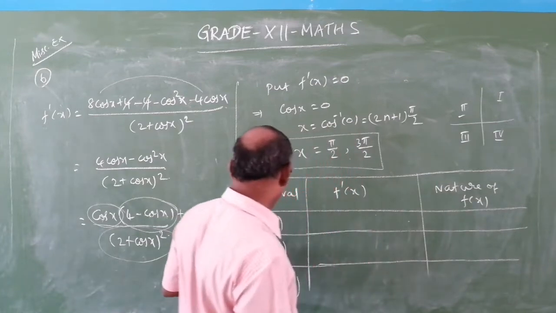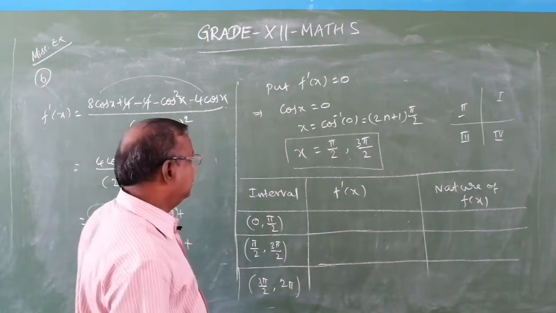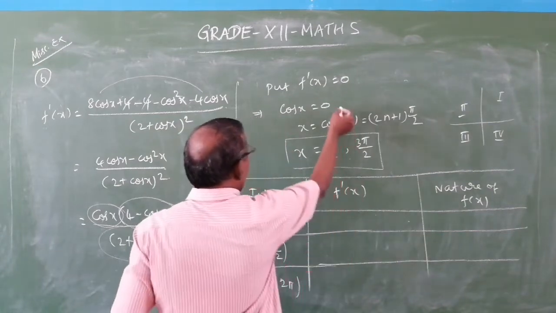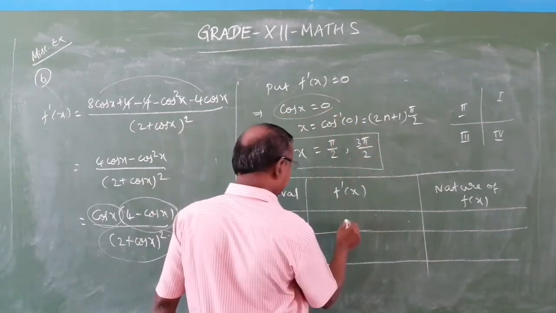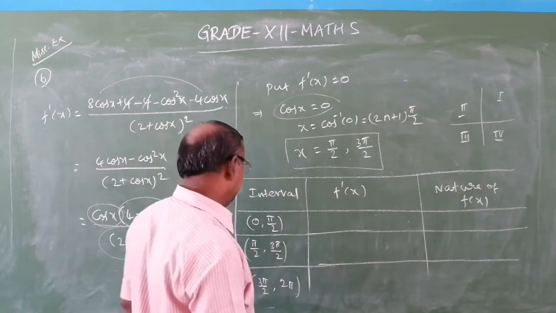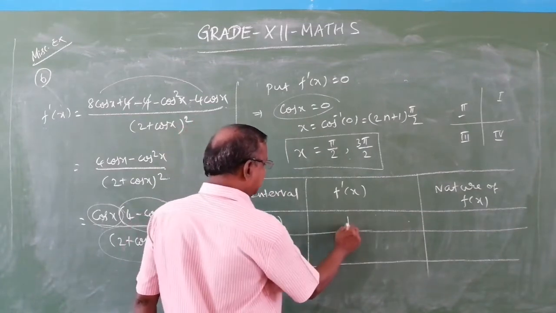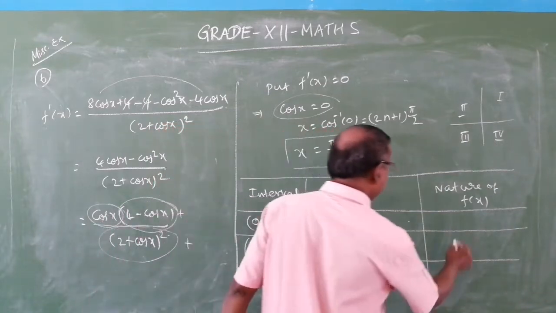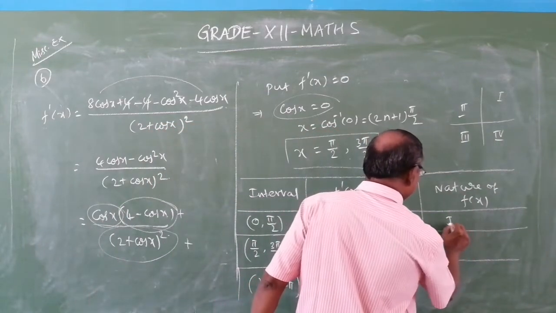Now, on 0 to pi by 2, in the first quadrant cos x is positive, so it is plus. The other two factors are positive, so it is positive. So, it is increasing.